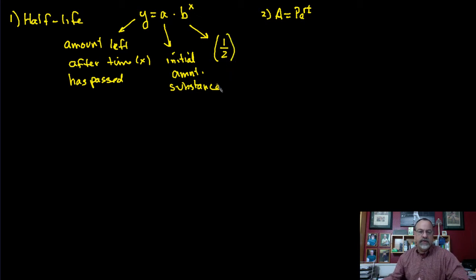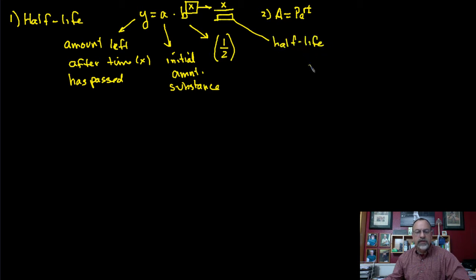Now the only change here is that our exponent is x, but we're going to write the exponent as a fraction, so we're going to add a denominator to this. The denominator is going to be the actual half-life of the substance.